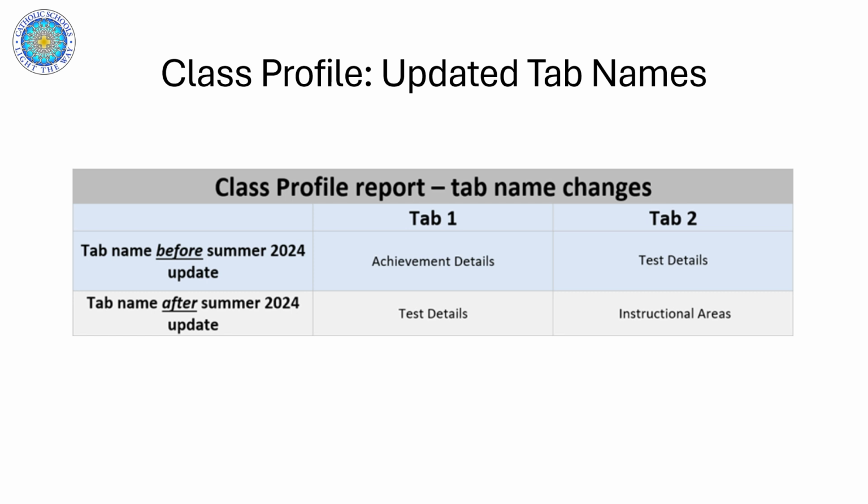Before summer of 2024, tab 1 was achievement details, tab 2 test details. The updated report for the 24-25 school year and beyond has tab 1 being called test details and tab 2 being called instructional areas.